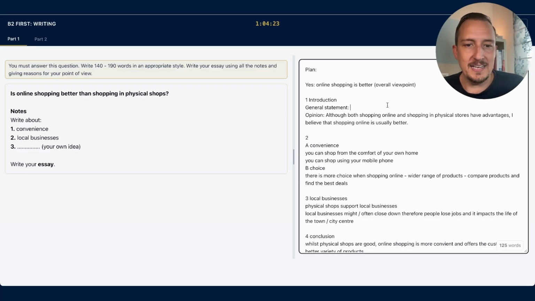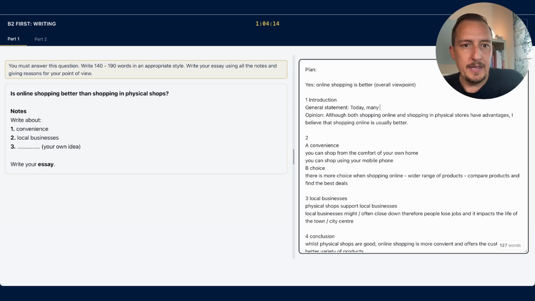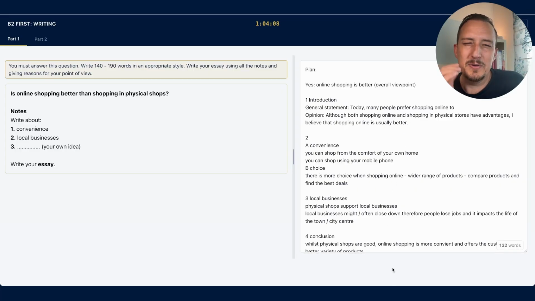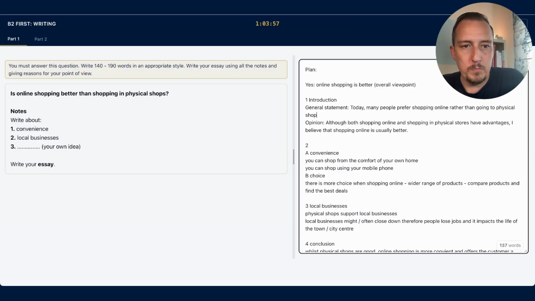So we could say something along the lines of today, and then how can we say today? Why don't we have something like many people prefer shopping online to, we don't say to physical, say to shopping. I want to reduce the amount of times we're saying shopping, rather than going to, that's better, physical shops. Now, there we go. So we've got our general statement.